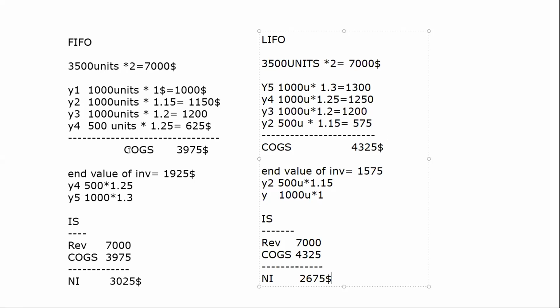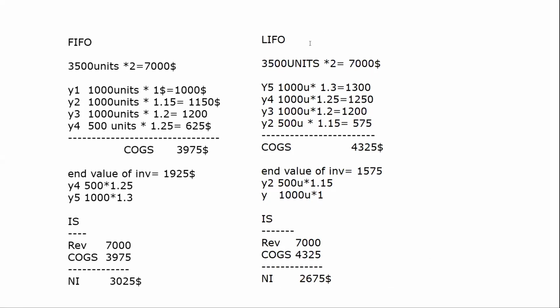And here you understate your cost and you pay more taxes. So according to IFRS, LIFO is not allowed, it's prohibited. But FIFO is mostly used under IFRS, and LIFO is used only in the United States.